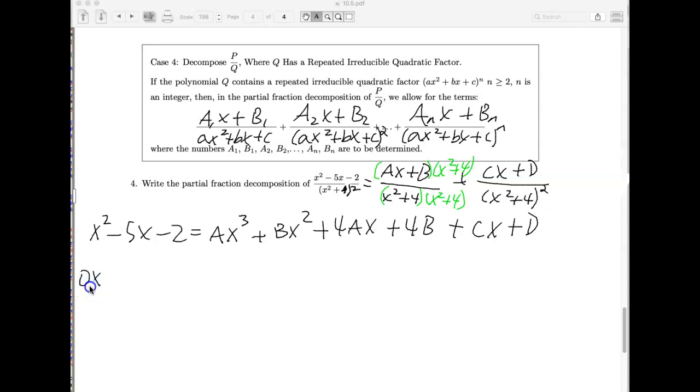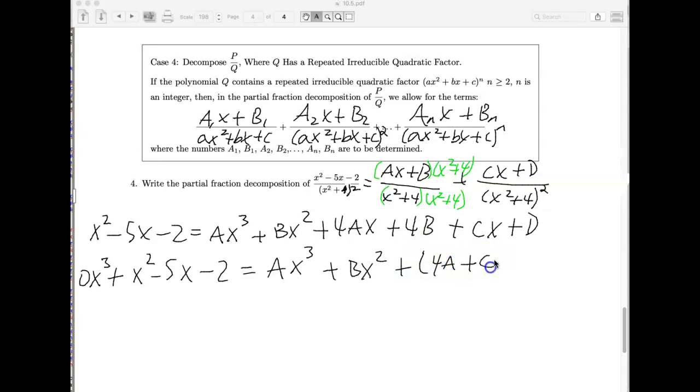So you don't have to do it this way, but in case it does help you, I'm going to write this as 0x cubed plus my x squared minus 5x minus 2 equaling my ax cubed. There's only one bx squared, and then we have a 4a plus c times x, and then plus our 4b plus d, the constant parts.